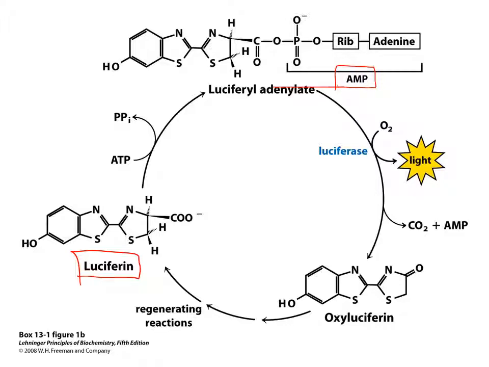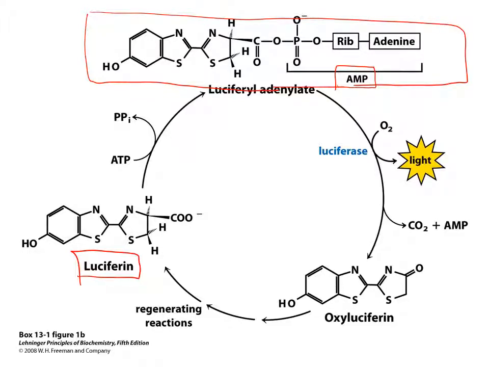Adenylyl. This molecule is primed to perform work. It's in a high energy state. So it can actually undergo oxidation with the help of an enzyme called luciferase, which emits light and produces carbon dioxide and adenosine monophosphate. And it produces the rest of the luciferyl adenylate molecule, which is oxyluciferin.